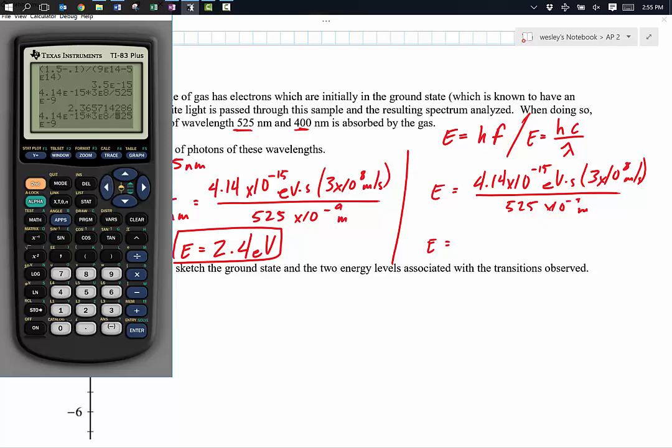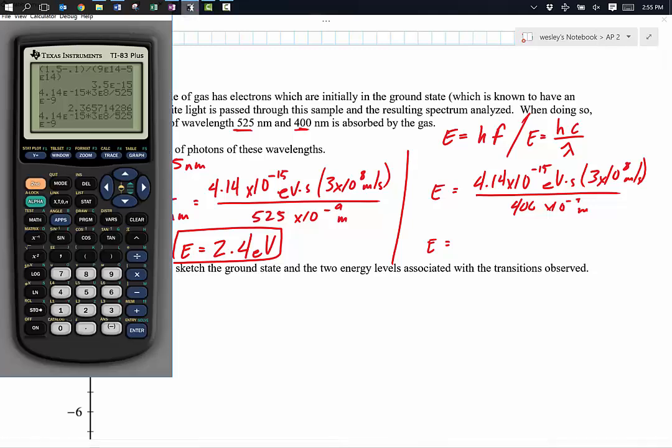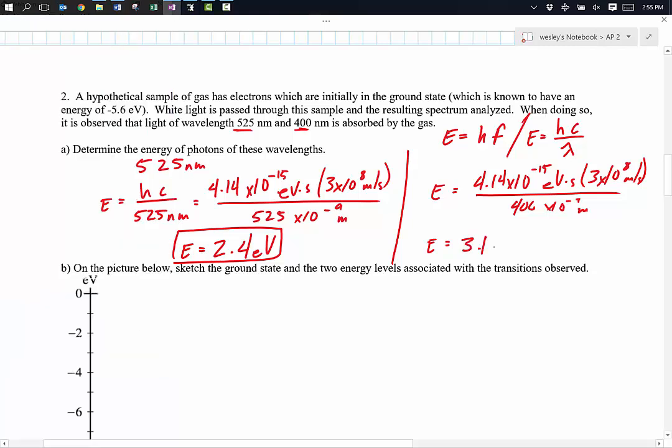So instead of 525, we're doing 400, we're going to change that to 400, and we end up with 3.1 electron volts. Those are the energies that we're dealing with.